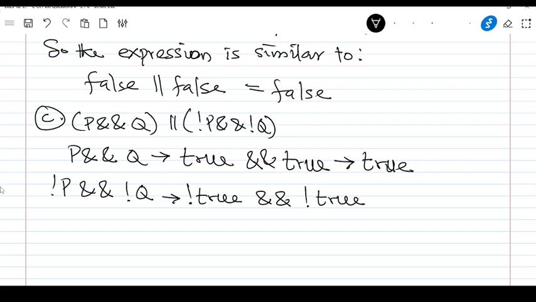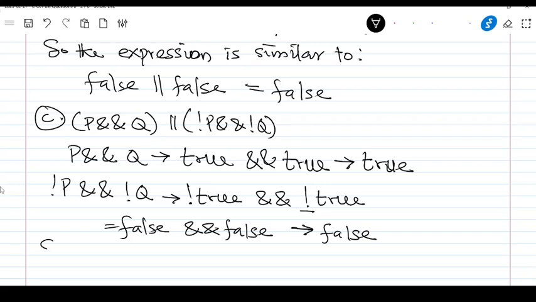Now not true is going to be false, because not true is false. Not true is also going to be false. So what is false and false? False and false is going to be equal to false.